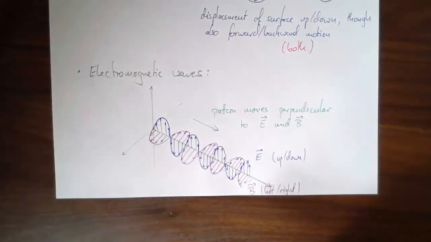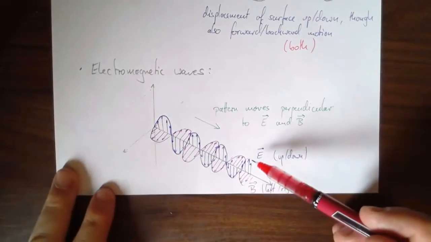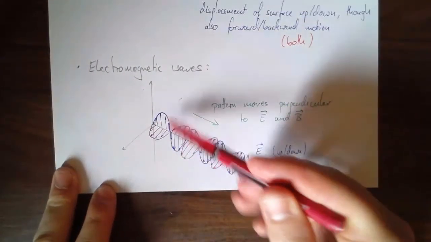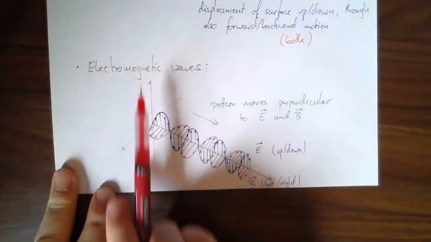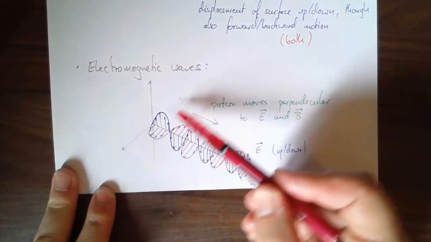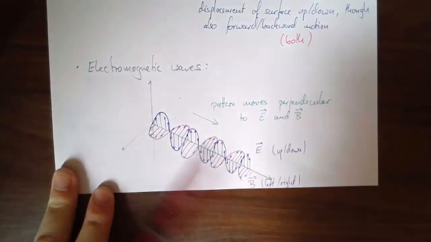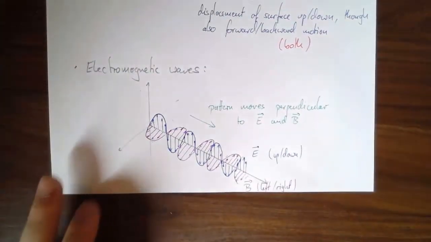And they oscillate together, and they oscillate at 90 degrees to each other. So here the blue arrows are meant to be the electric field. They go up, down along the vertical axis. And the magnetic field then would go along the sideways axis. And this whole thing travels down in the third direction. So they require 3 dimensions.